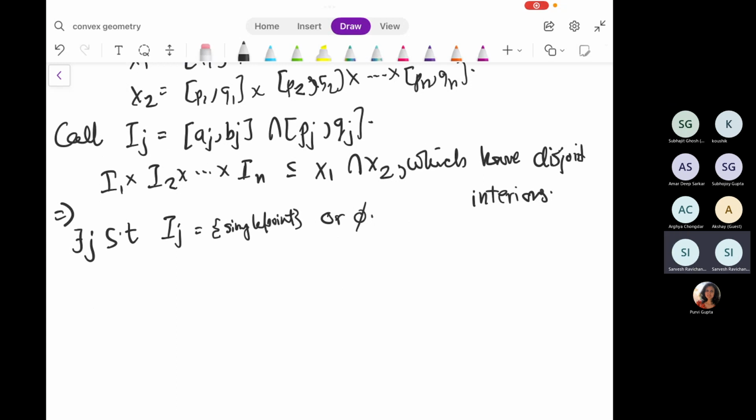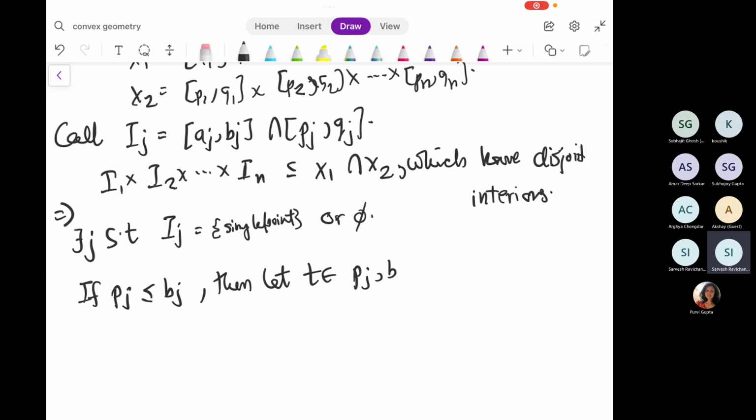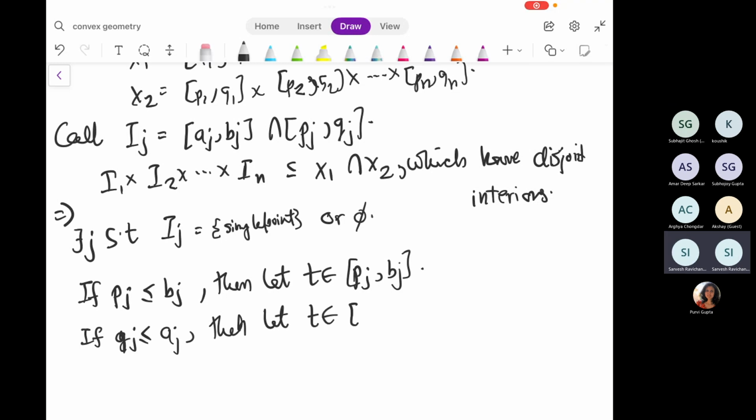So how does this work? It works as follows. So if Pj is less than Bj, then let T be any point in this interval. Or perhaps it could be equal to Pj. That is also possible. And on the other hand, if Qj is less than or equal to Aj, then you let T be in that interval.